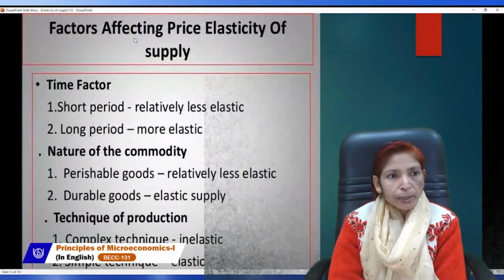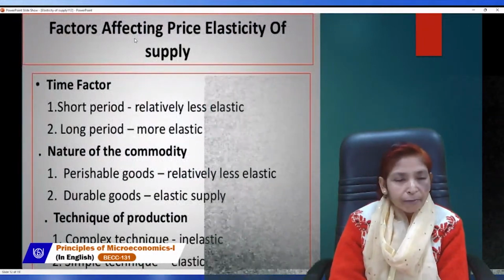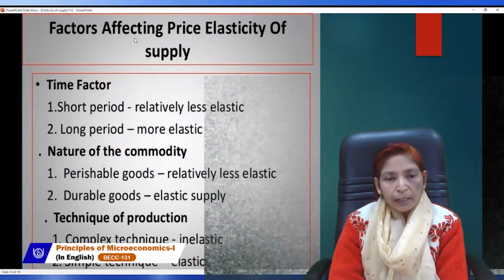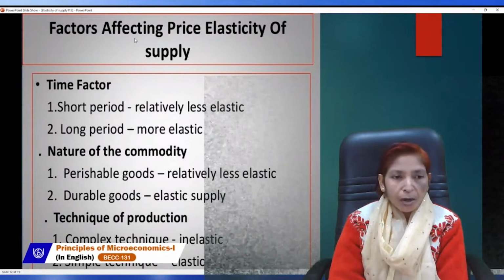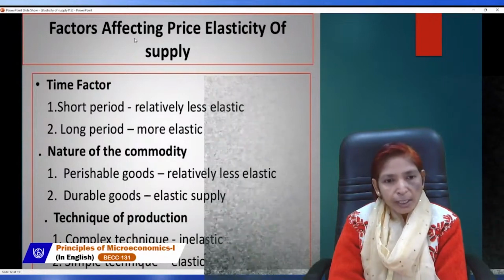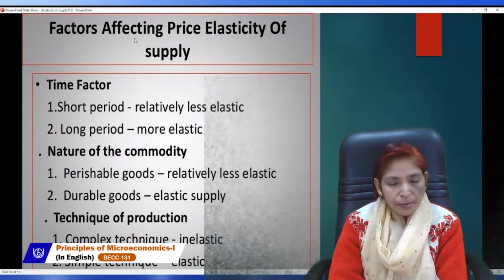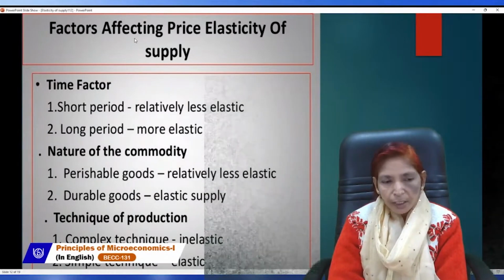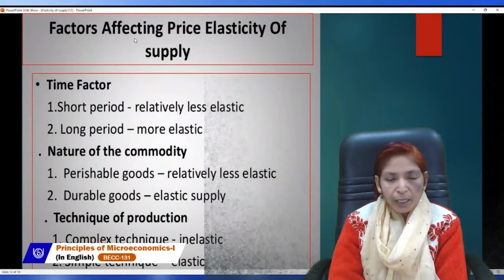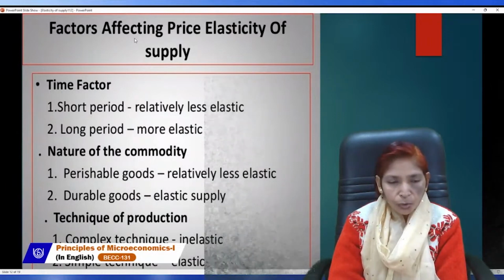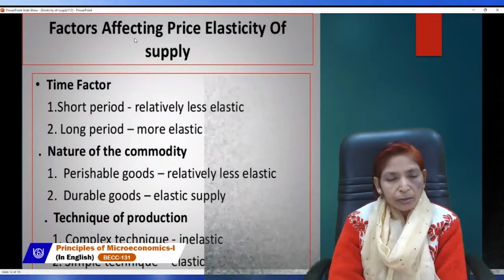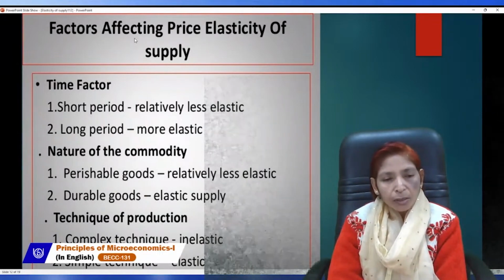In brief, we show that in the time factor, as we have discussed here, in short period, supply will be relatively less elastic, and in long time period, when we have too much time available, then elasticity of supply will be more elastic. And nature of the commodity, if there are perishable goods like milk, bread, fruits, vegetables, which can't be stored and which you can use only within 1 day, 2 days or 3 days, so these goods are called perishable.